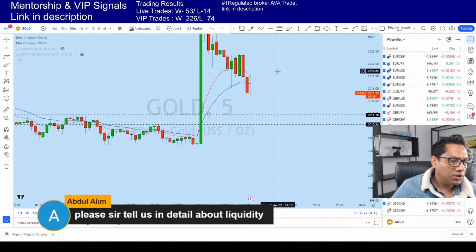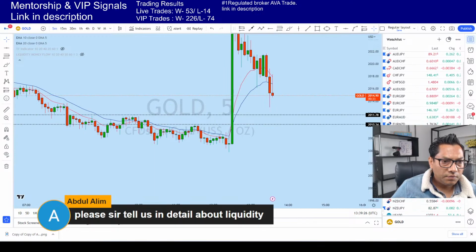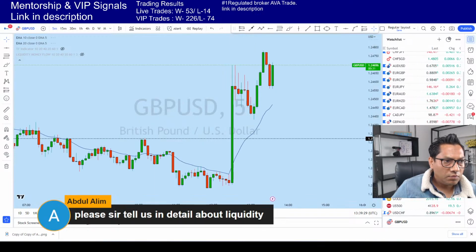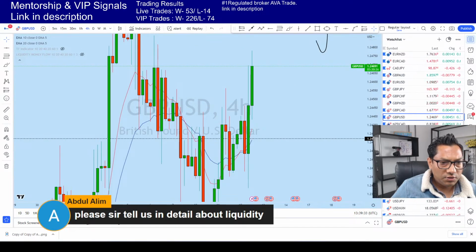Okay, so there is a rejection on the 5 minutes chart. It's happening with GBPUSD, strongly bullish.